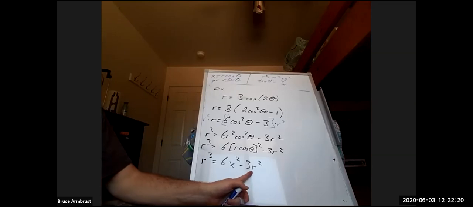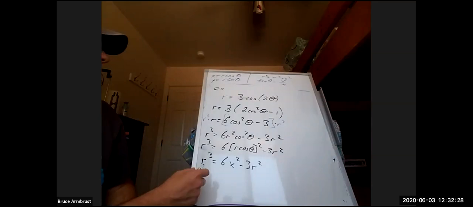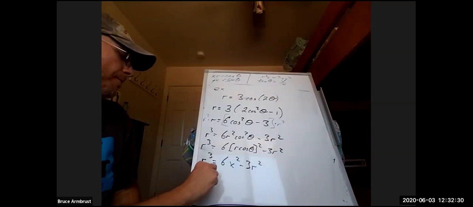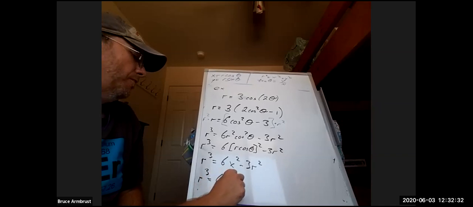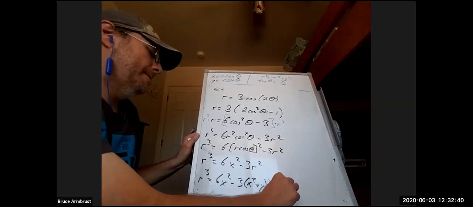Well, let's look at this r squared real quick. We know that r squared is equal to x squared plus y squared. So let's put those in. And I can distribute and simplify that a little bit.